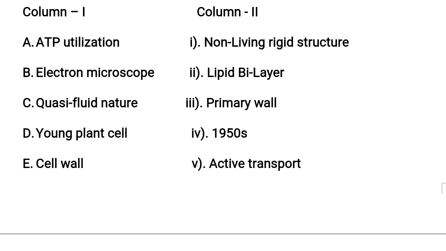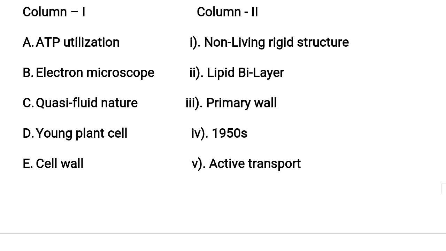Next, quasi-fluid nature. Which of the given Roman numbers 1 to 5 has quasi-fluid nature? It is nothing but the lipid bilayer. The lipid bilayer shows one important characteristic. What is that? The quasi-fluid nature of lipid enables the lateral movement of proteins within the overall bilayer.